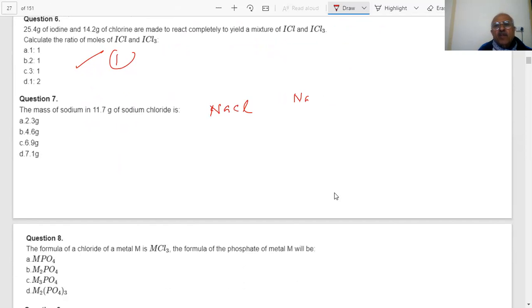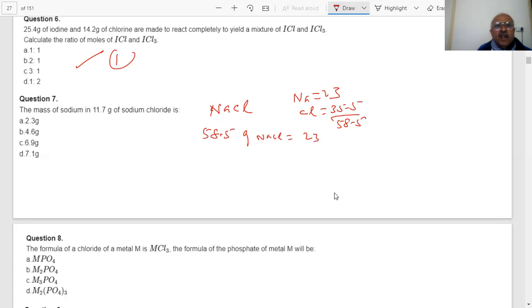The atomic mass of sodium is 23, Cl is 35.5, students. Sir, B part, 4.6 gram. This is total 58.5. So you can say 58.5 gram of NaCl will contain how much?